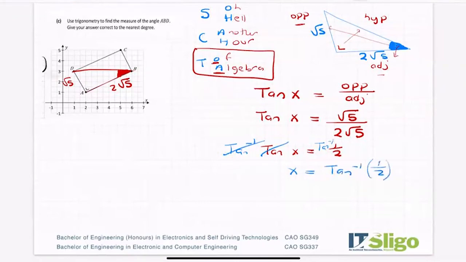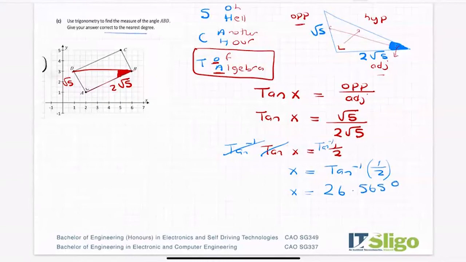Okay, so put into your calculator then tan inverse, and tan inverse sits behind tan, so you'll need to use the shift button. Tan inverse of a half. And I'm getting 26.565 degrees.